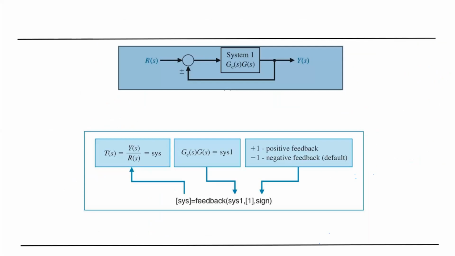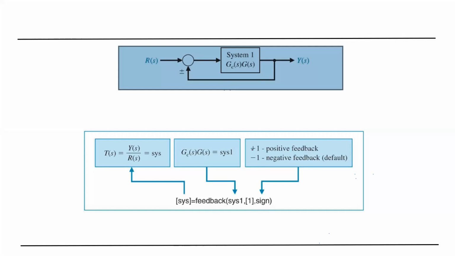What do I have here? I have a transfer function and a unity feedback. The command we will use is: sys = feedback(sys1, 1), where sys1 is the one here, and 1 is for unity feedback, then the sign. If it's negative feedback, we put minus.